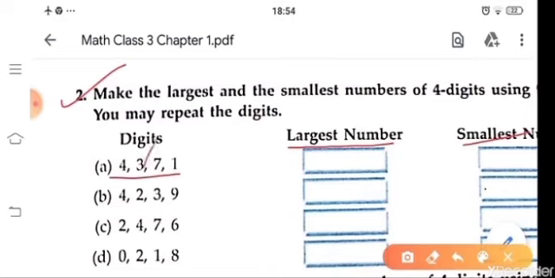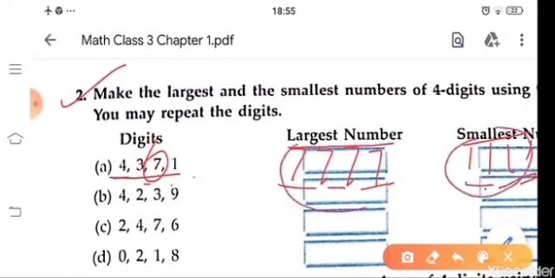So here 7 is the largest number, so we can write 7, 7, 7, 7 because there are 4-digit numbers here. Then the smallest is 1, 1, 1, 1. So it becomes 7,777, and 1,111. Similarly, do all these sums in your copy.